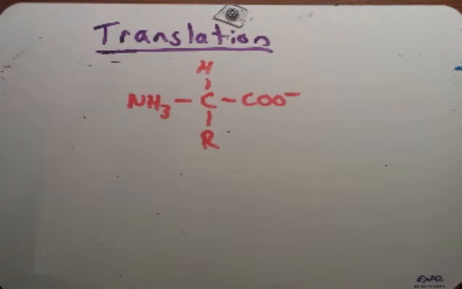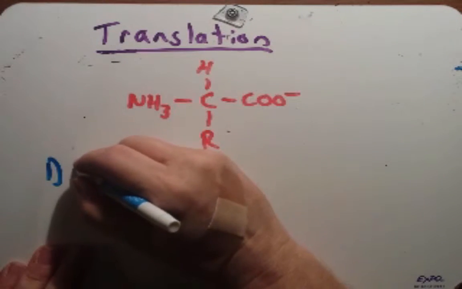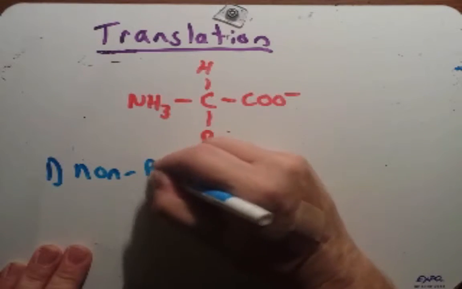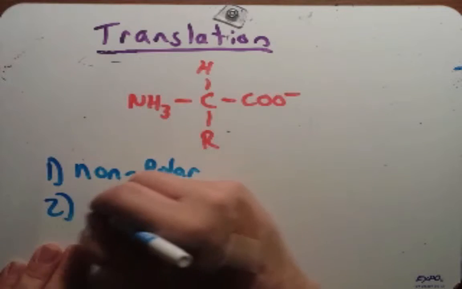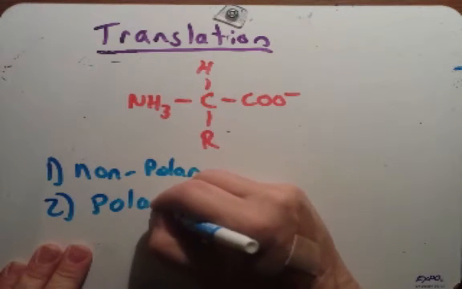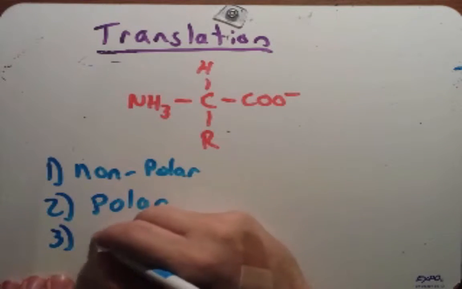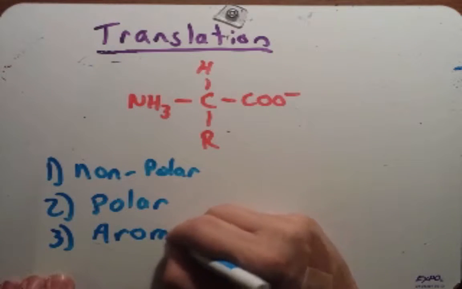This is the functional group. Now this R group makes that amino acid fall into one of a few categories. That R group could make an amino acid nonpolar. It could make it polar. It could make it aromatic, meaning it has a ring structure to it.